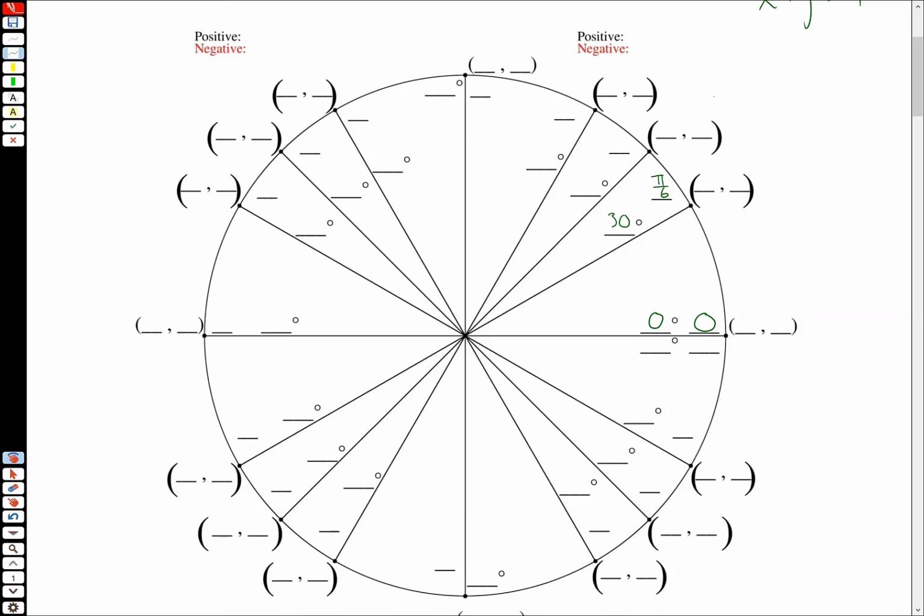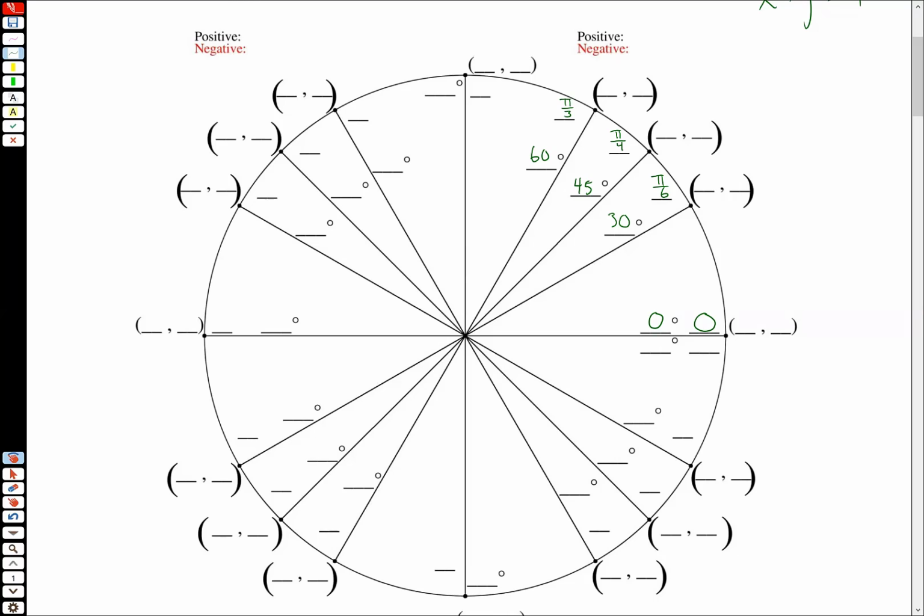Each small jump is 15 degrees. So this would be 45 degrees, which in radians is pi over 4. Then we have another small jump, so we have 60 degrees, and 60 degrees is pi over 3 radians.